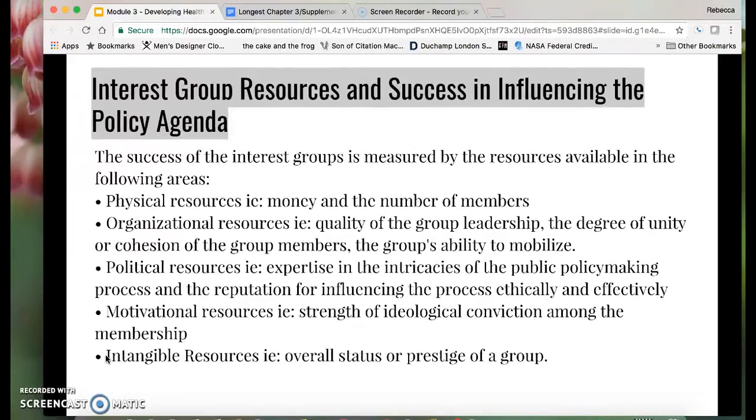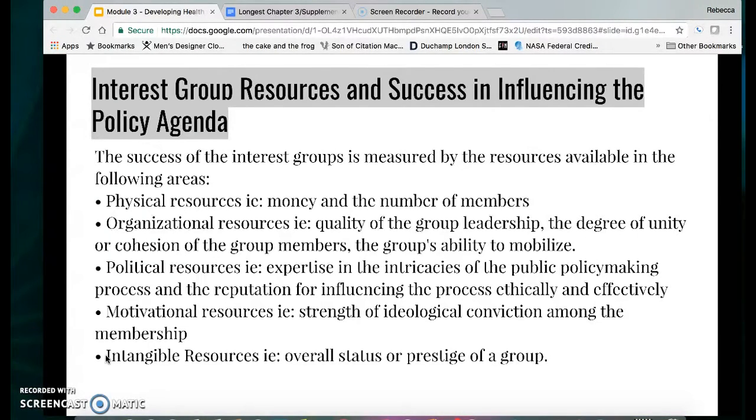And last but not least, the success of an interest group is measured by the resources available to them. Most important are physical resources: money, and the number of members is actually the number one key. If you have a lot of people supporting you, then definitely you're going to have more influence.